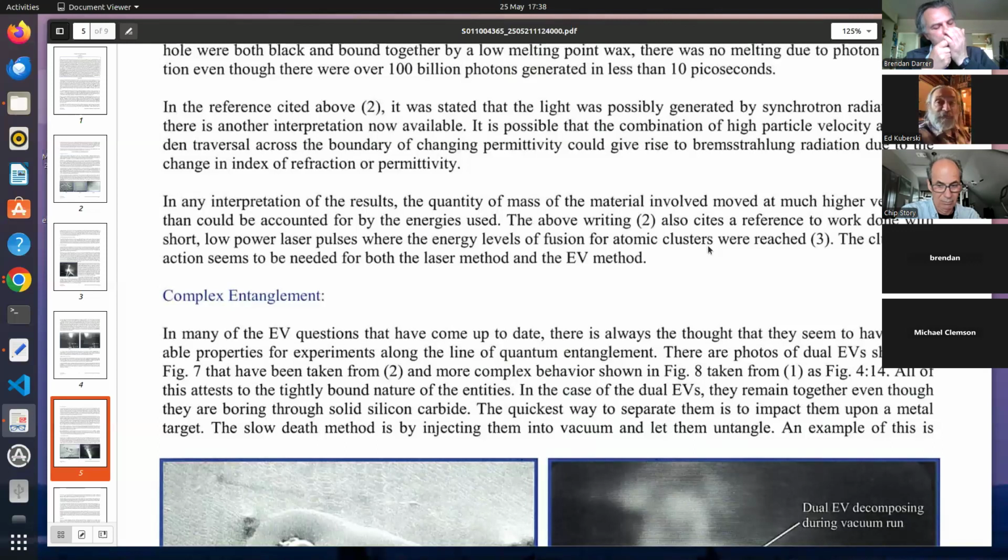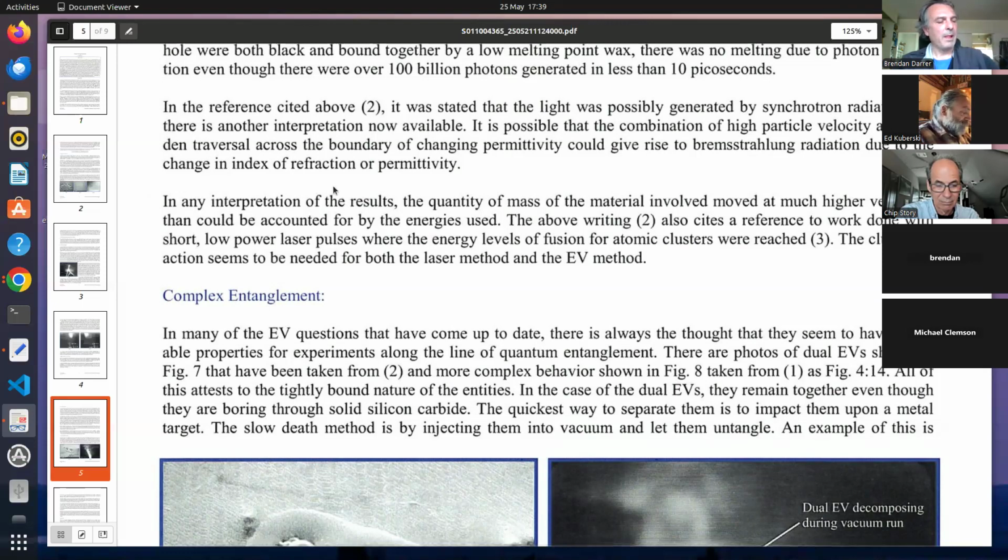And I think he's right on the money here again. It is possible that the combination of high particle velocity and sudden transversal across the boundary of changing permittivity could give rise to Bremsstrahlung radiation due to the change in index of refraction or permittivity. And I've got that highly underlined on my paper.